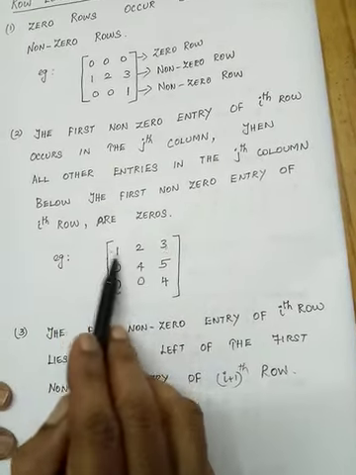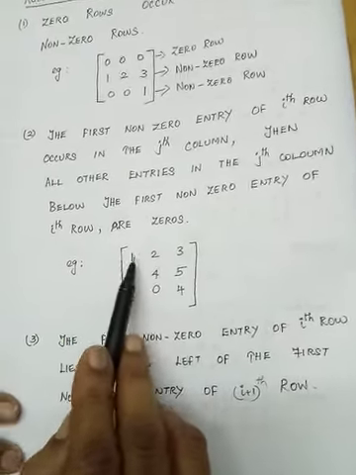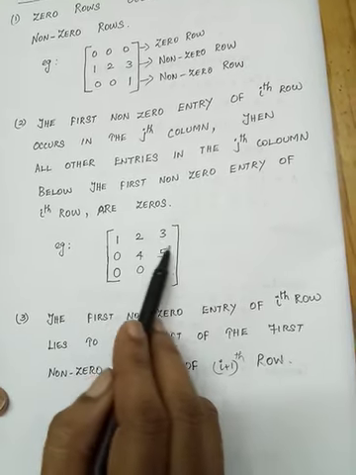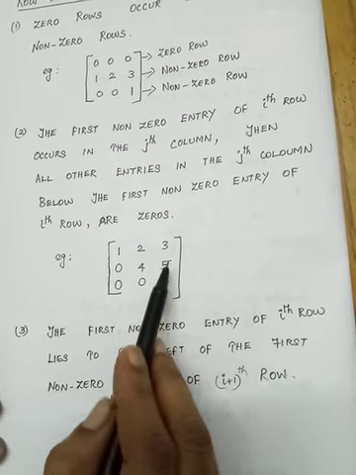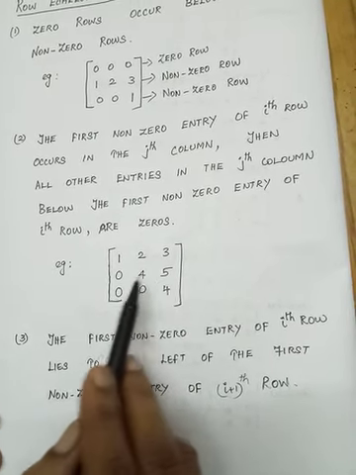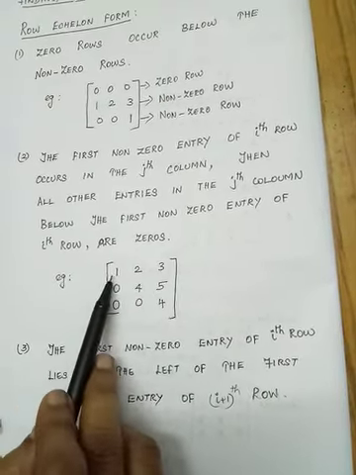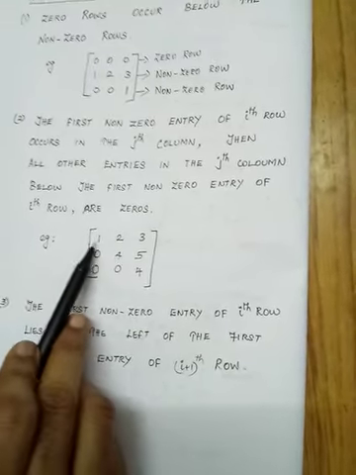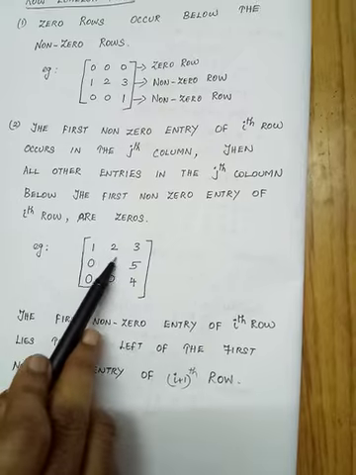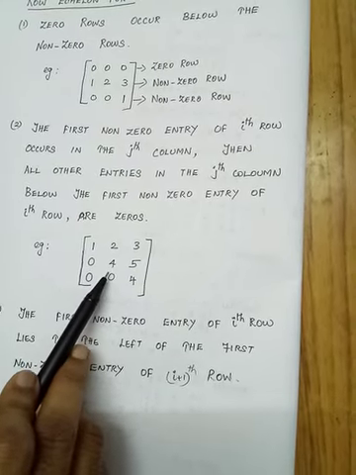I take the first row as the upper row and the second row as the lower row. The first non-zero entry of the upper row lies to the left of the first non-zero entry in the lower row.